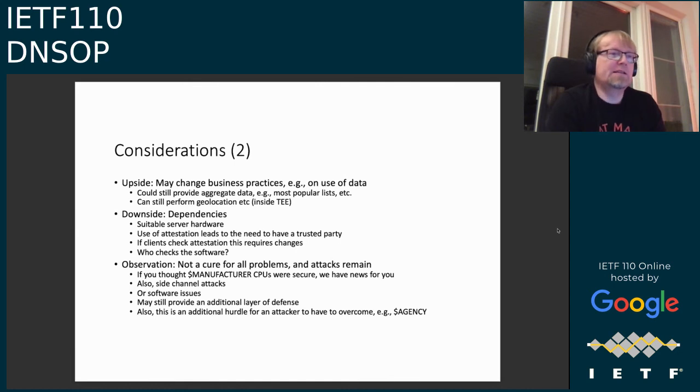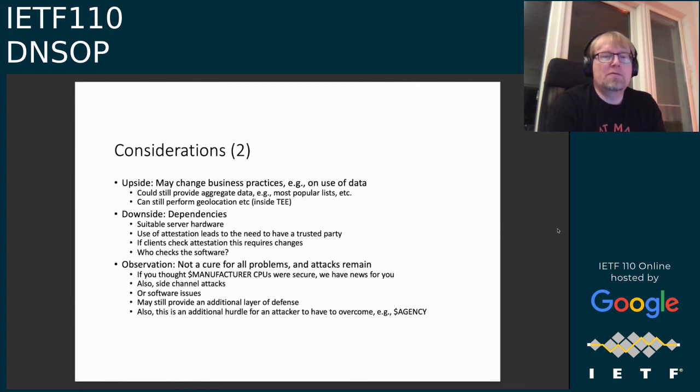You might need separately also somebody who says that this software image is good. We verified it. We looked at the open source, having compiled it, and this is the image hash, and it's good. It doesn't leak user information according to our analysis. But if you have the clients do something extra, of course, that requires changes in the clients, which may or may not be feasible in some cases.